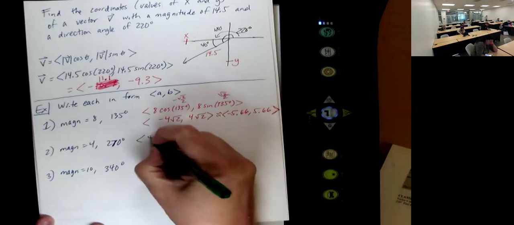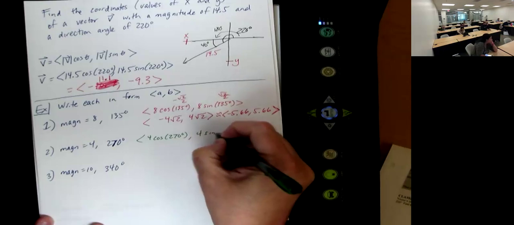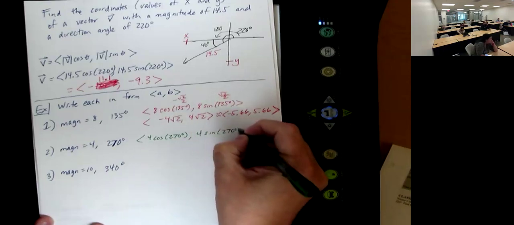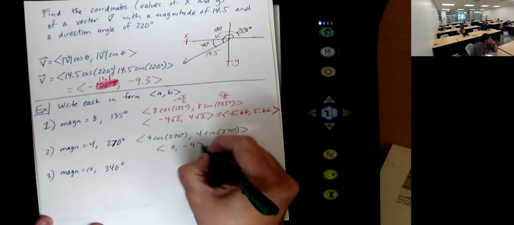This one we'll do 4 cosine of 270, 4 sine of 270, which should get us (0, -4).